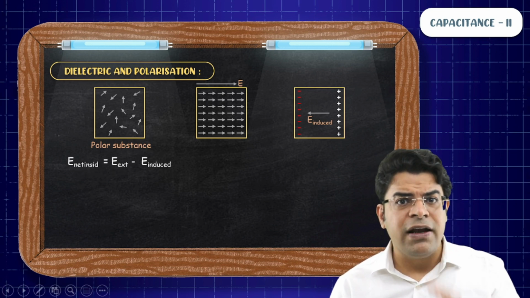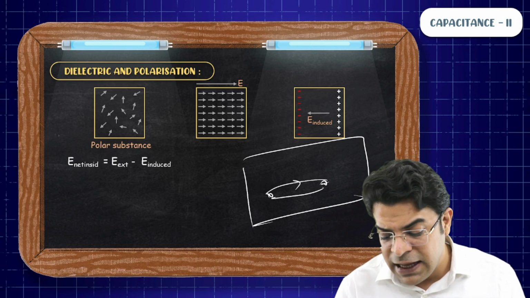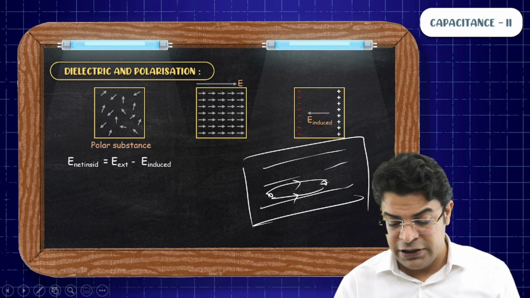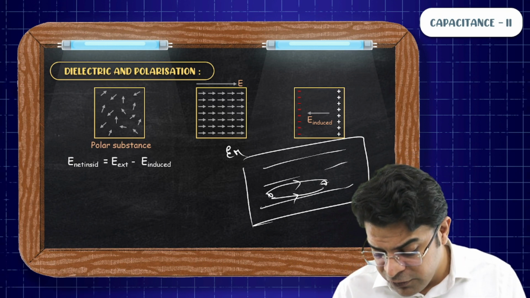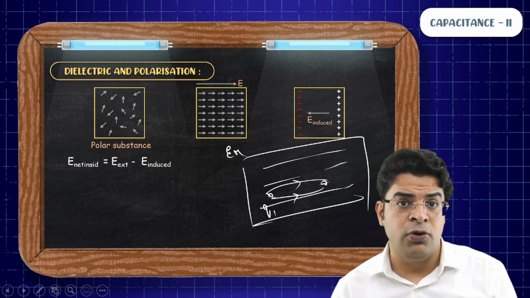And we have even learned that when you have got two charges placed inside a dielectric, placed inside a medium of relative permittivity ER, the force becomes ER times smaller. Why? Because the net electric field due to the first charge at the position of the second charge becomes ER times smaller.